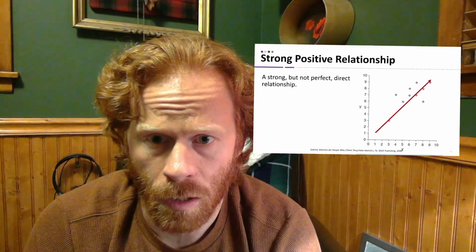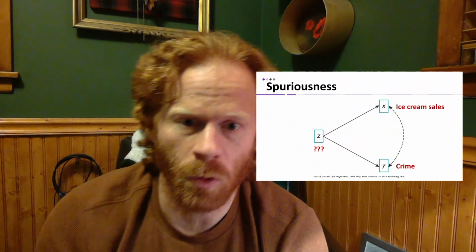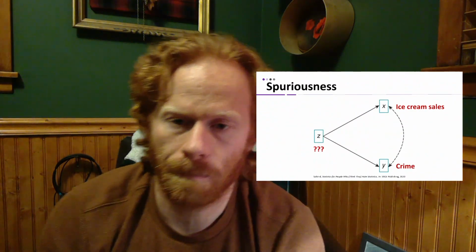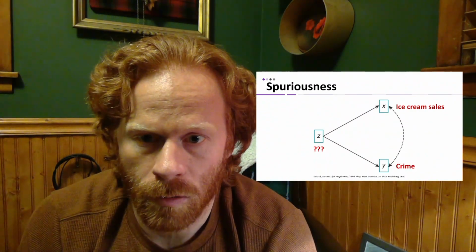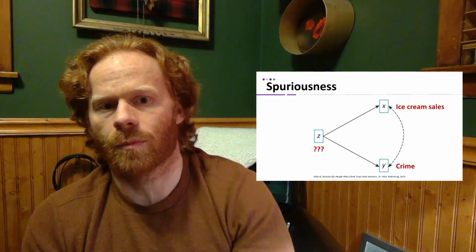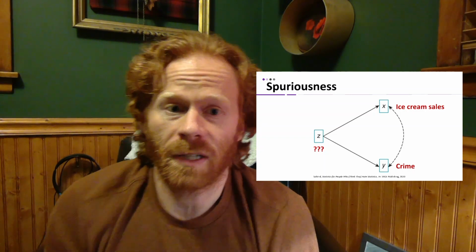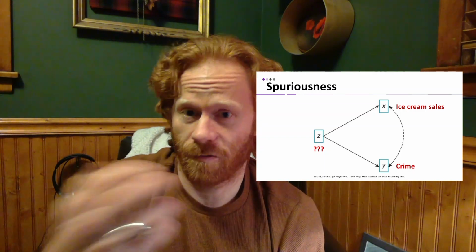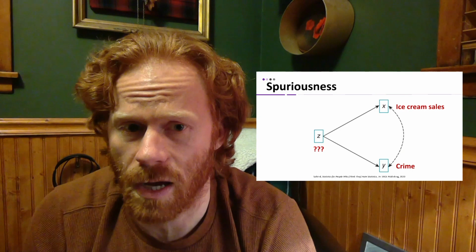Makes sense. But is it possible that there's this spurious omitted variable that we need to take into consideration? There could be something that is affecting ice cream sales and affecting crime increasing at the same time.